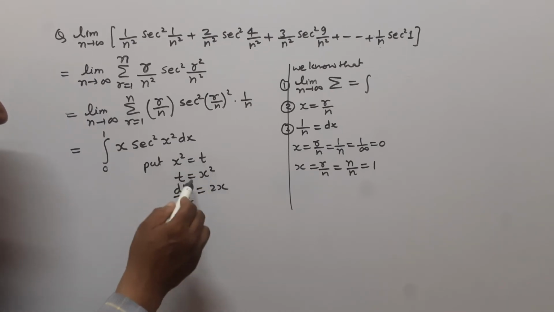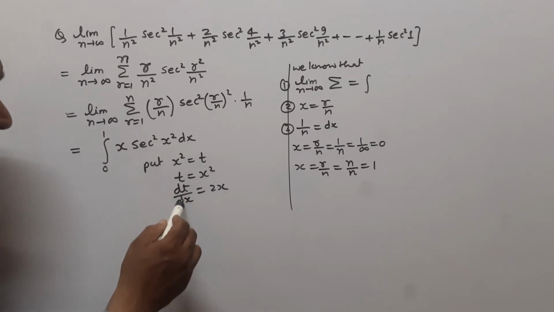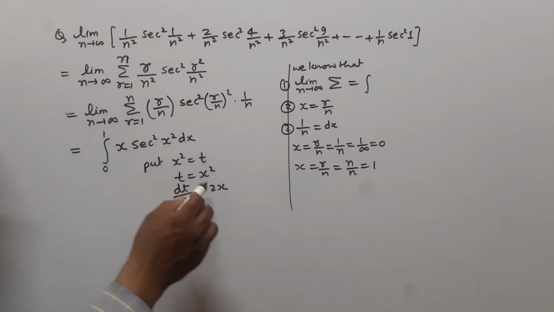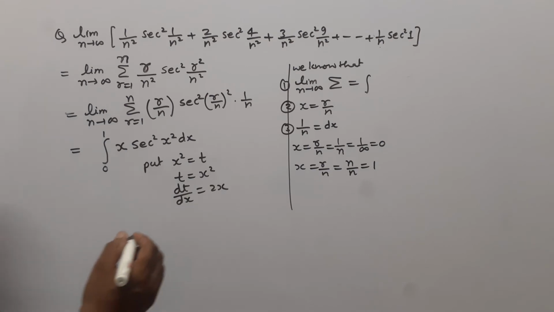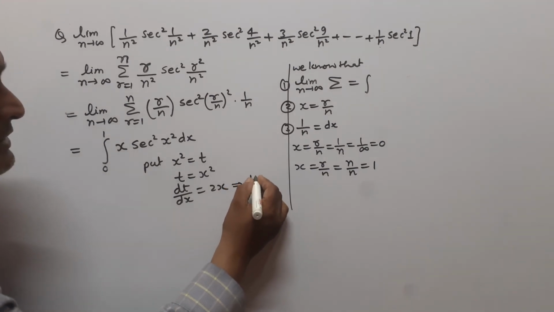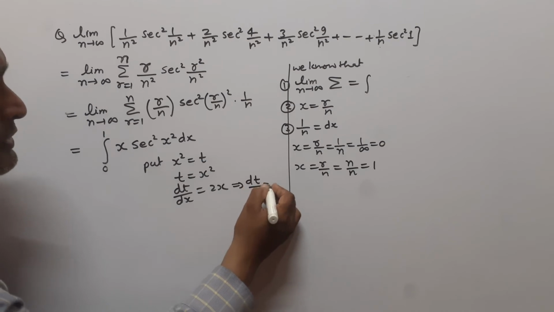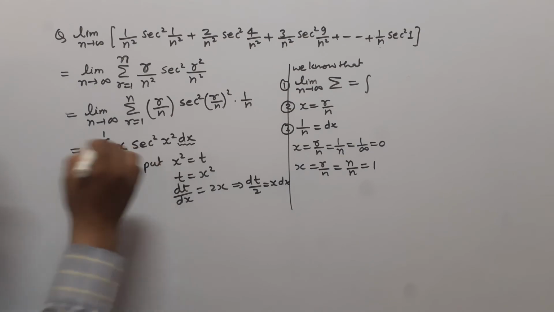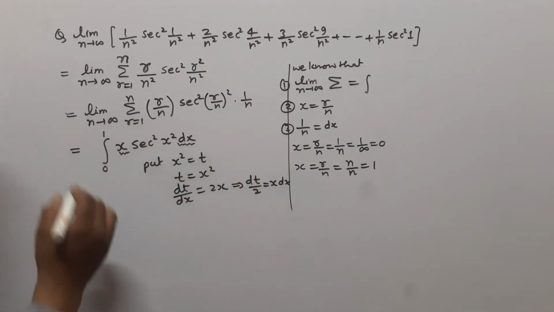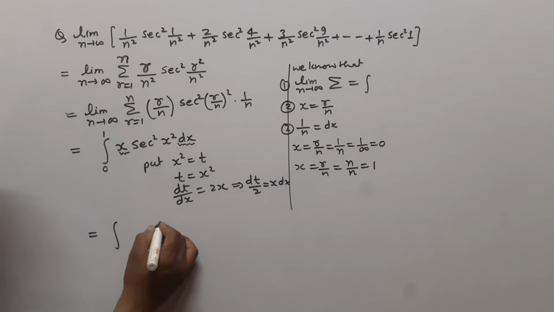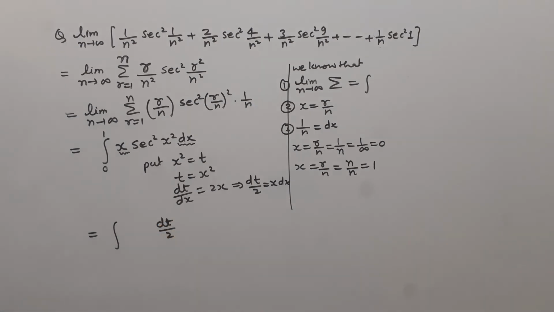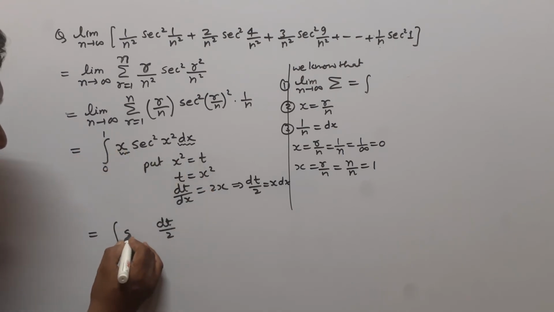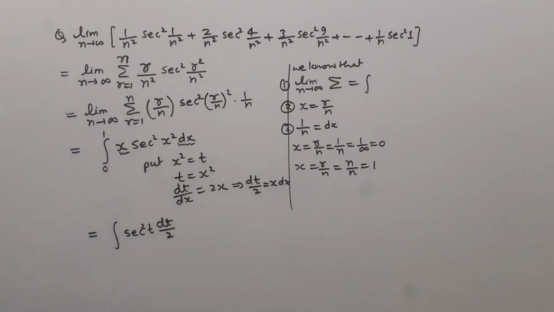Now we differentiate this with respect to x, so we get dt upon dx equal to 2x, because the differentiation of x square with respect to x is 2x. So this can also be written as dt upon 2 equal to x dx. So in place of x dx we put dt divided by 2, and in place of x square we put t. So this can be written as sec square t.